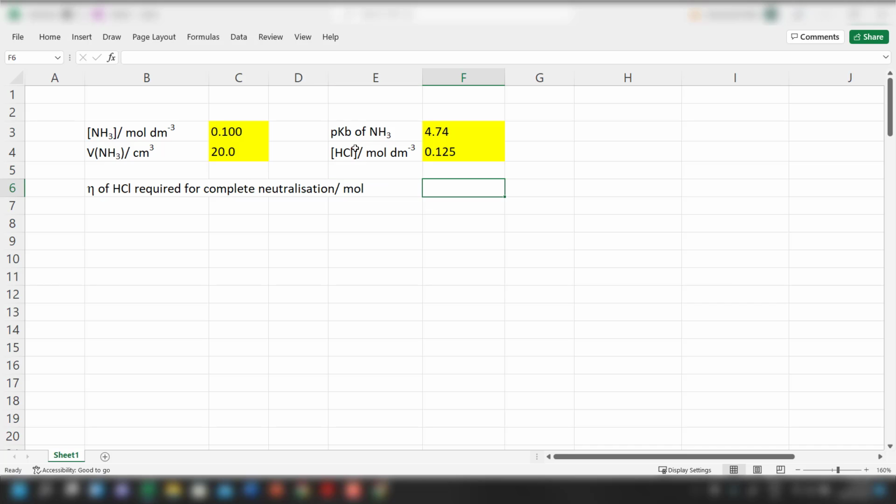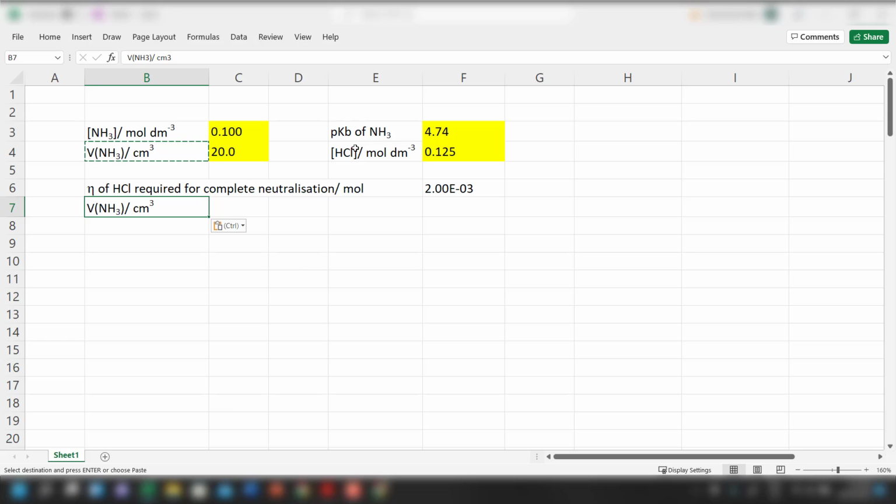And how can we do that? We can do that easily by simply taking the volume in dm cube, and then multiply by the concentration of ammonia. The reason being because hydrochloric acid and ammonia react in a 1:1 ratio. And what about the volume of HCl required?